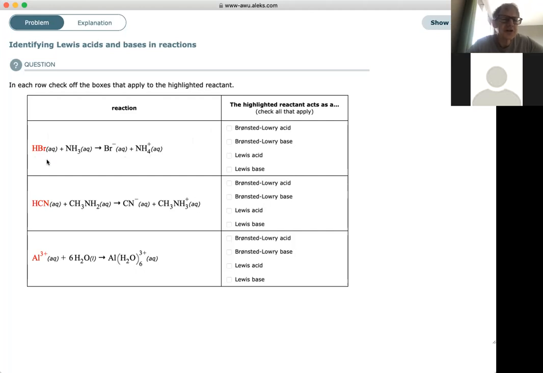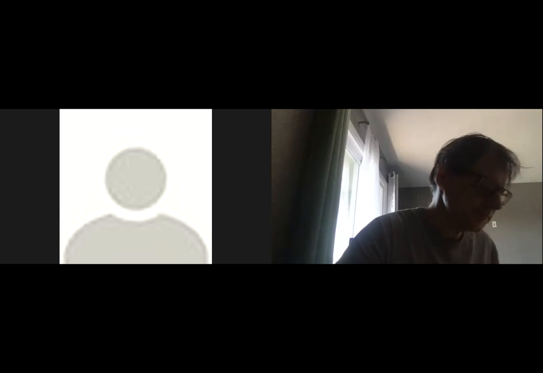But we also want to show that, in fact, it's also a Lewis acid. And here's how we would do it. I'm going to come over here and show you. So I'm going to write the equation first.